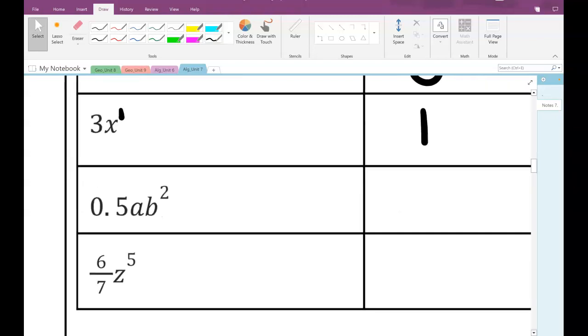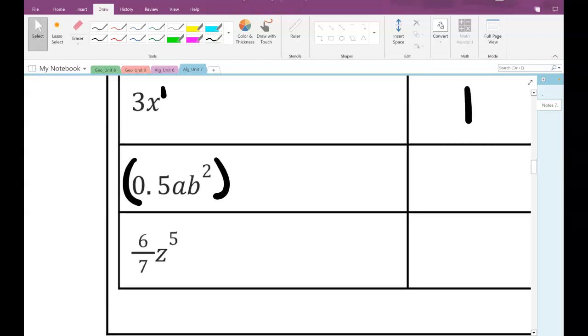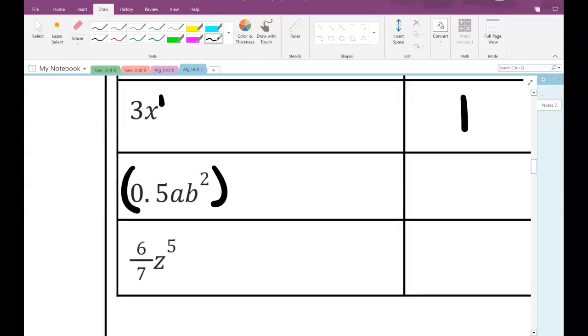Next one. Again, this is a monomial because we only have multiplication happening here. We have a number and variables being multiplied together. So it's a monomial. It's one term. Think of all of this as coming in a package together. To find the degree of a monomial, we have to add all of our exponents. We see that this is b squared, but this a is to the power of 1.